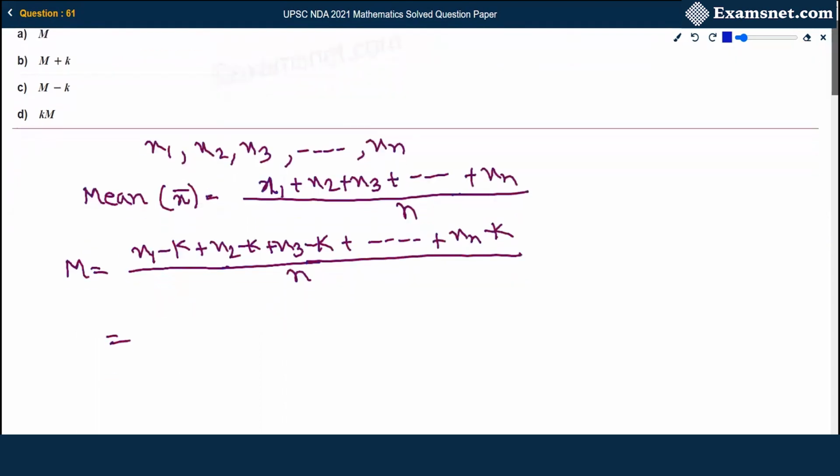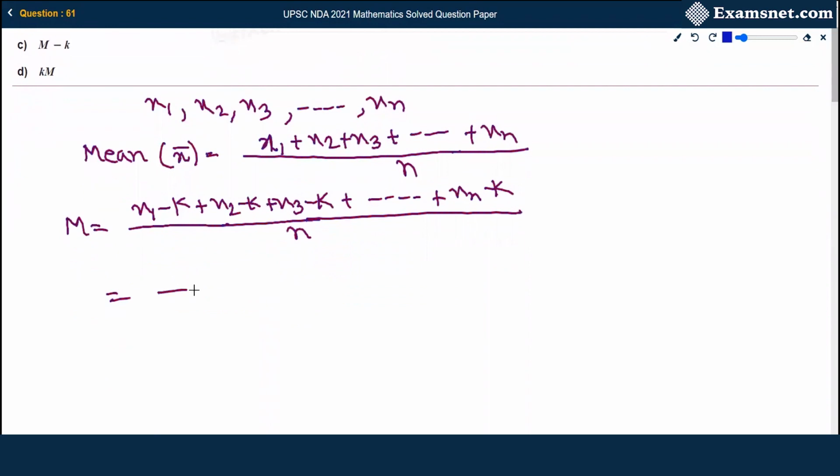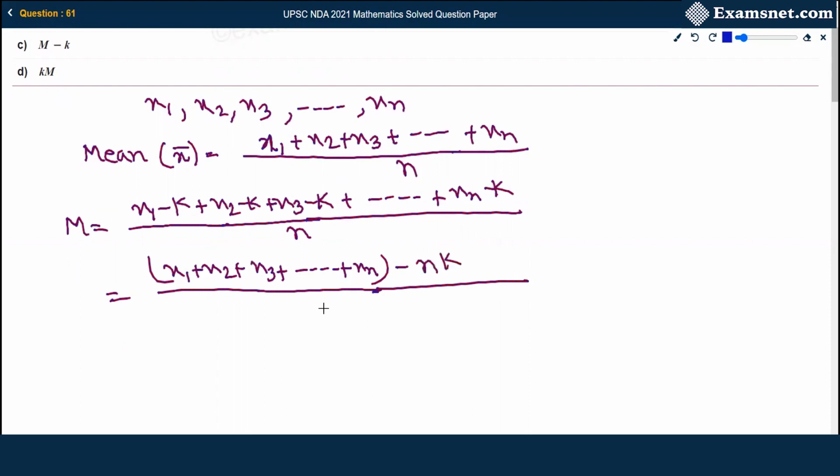Now let's group them, taking x1, x2, x3 together, and since there are n number of terms, there must be n number of k's. So if I add them, I will get nk by n.